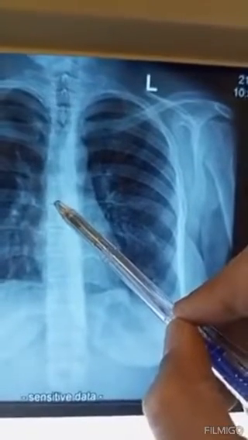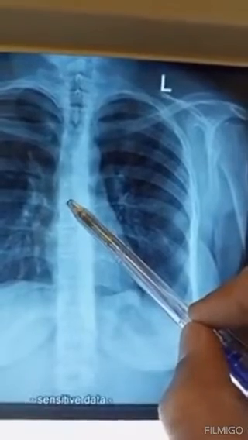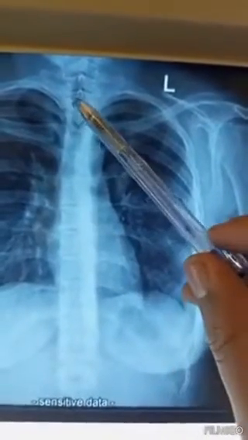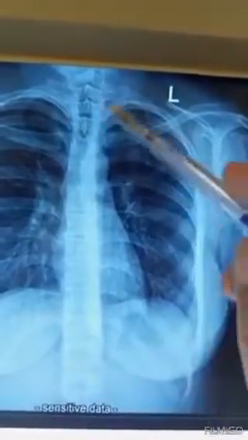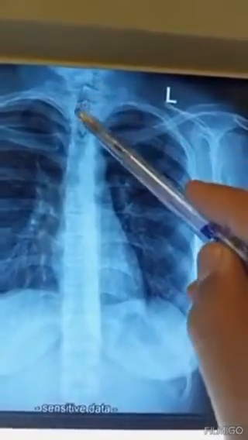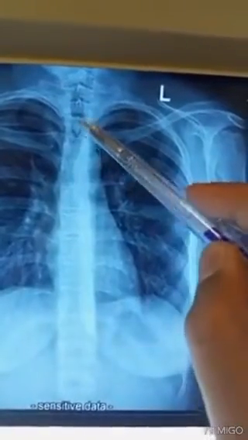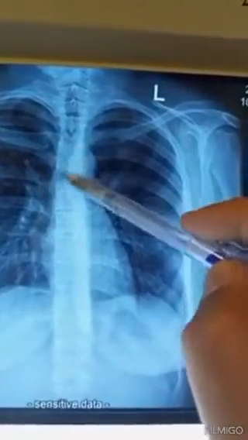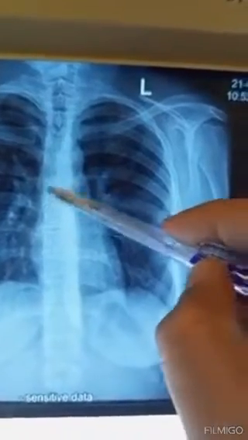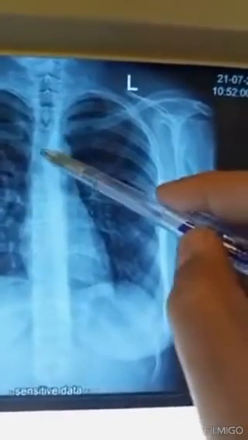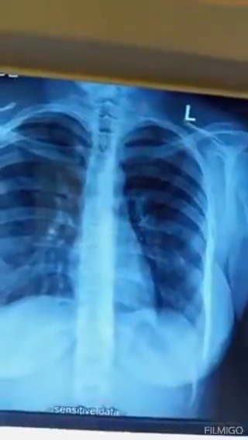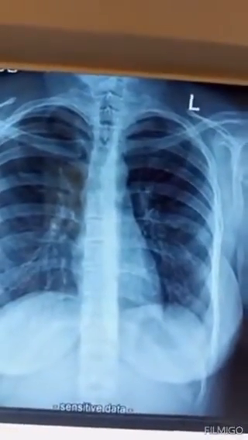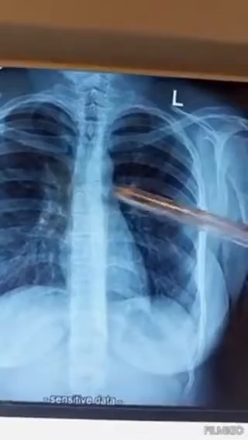If you don't know where the carina is, just remember that the carina is at the T4 level. Below the cervical vertebrae, thoracic vertebra 1, 2, 3, 4. In front of this fourth vertebra there is the carinal division. So we have commented on the projection and the exposure, moderate amount.